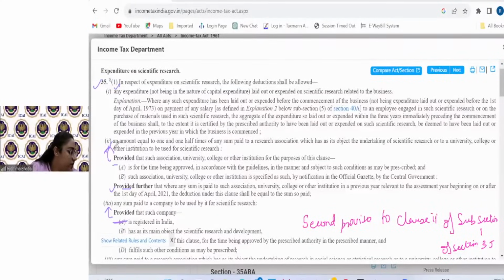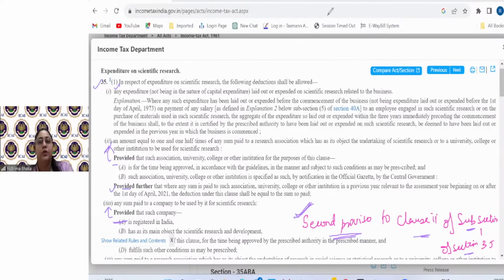Because whenever any notification or circular comes, reference is done in this manner. Now to understand that, you have to understand what is second proviso, what is clause, what is subsection, what is section. Correct? Right now everything would be served to you in a plate in the form of your study material, but how do we become a better person who understands these things?